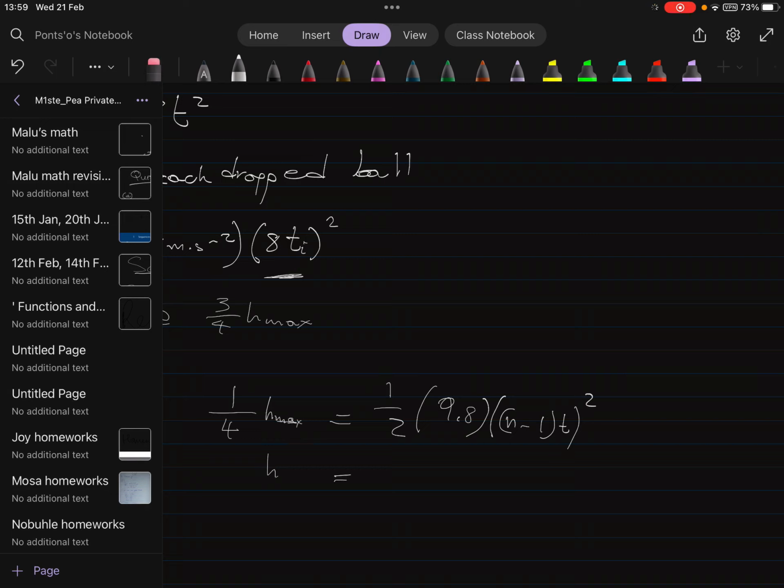And that means the h, okay, that's not h max really, it's just h. That means the height it would have traveled would be 2 times 9.8 times n minus 1 ti, and that's squared.